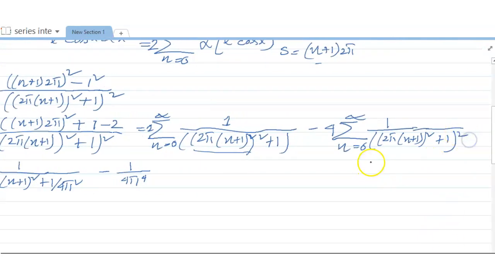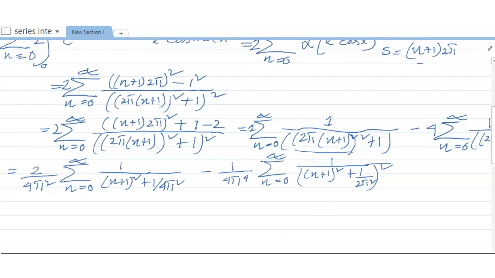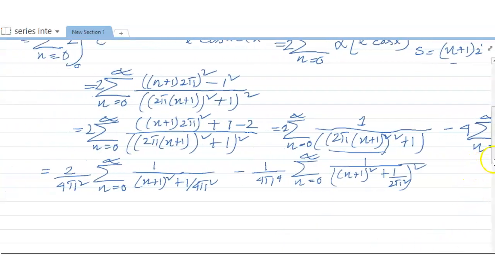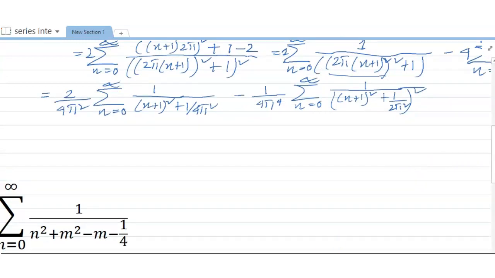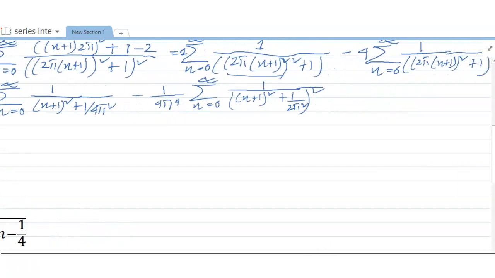This is the whole square, so 1 by (4 pi) whole to the power 4 summation n equals 0 to infinity 1 by ((n plus 1) whole square plus 1 by (2 pi) square) whole square. So friends, this is the formula. Now I can write this way. Now I apply one formula.